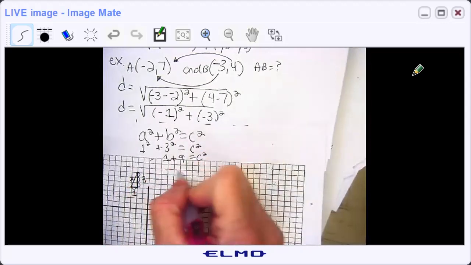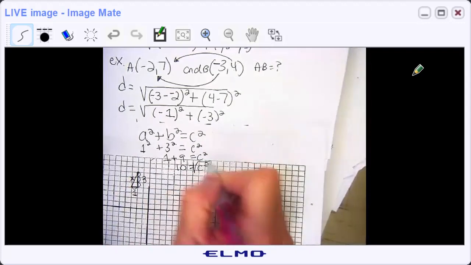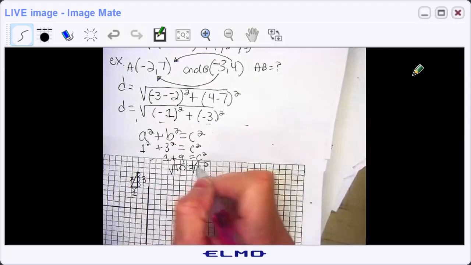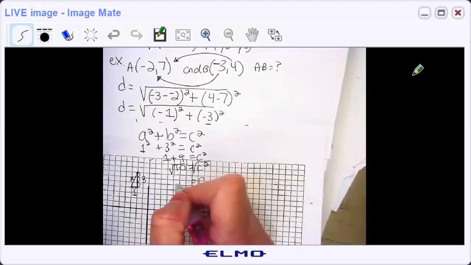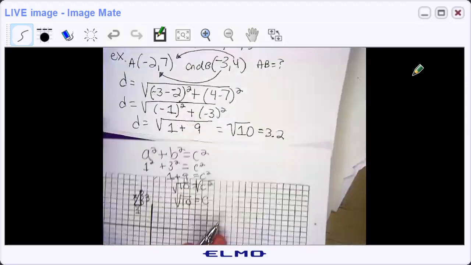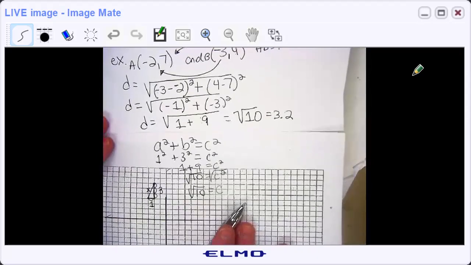So c squared is 10. But when we're doing the Pythagorean theorem, we always have to take the square root at the end to get rid of, we don't want c squared, we want what c is. So those two things cancel out. So c is just the square root of 10. Again, same answer that we got a minute ago, just using a little bit of a different method.